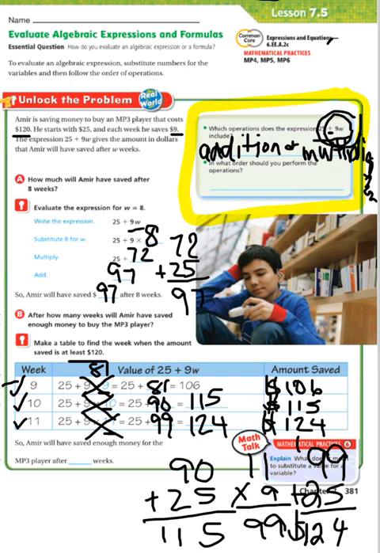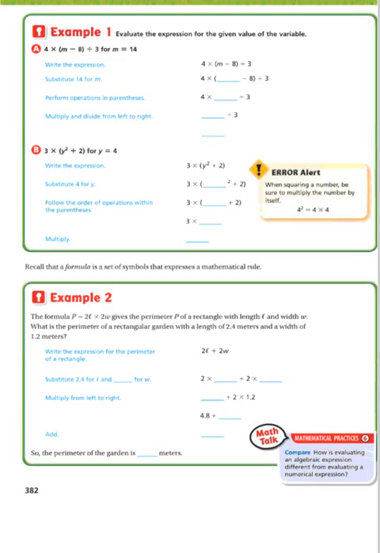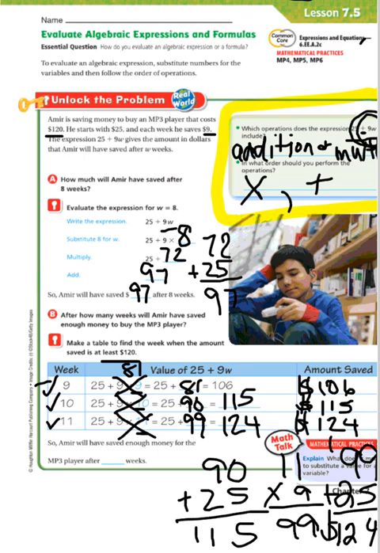You have to just remember that is your operation to apply. Then it says, in which order should you perform the operations? You should multiply first, then add, because that is the order of operations, which is PEMDAS.